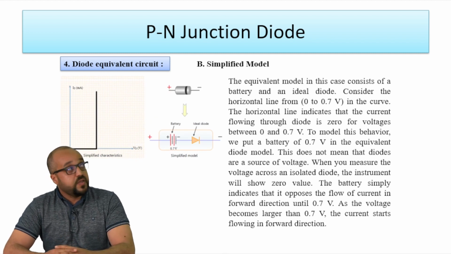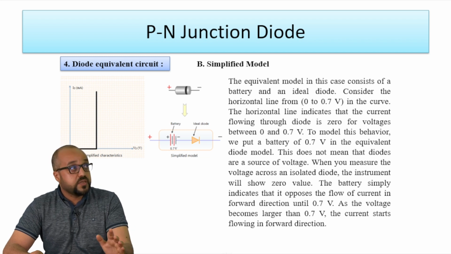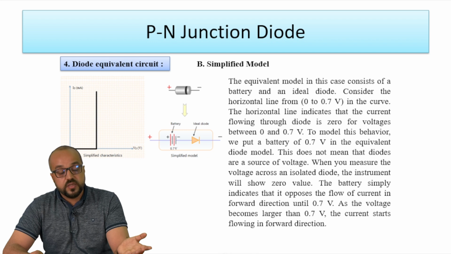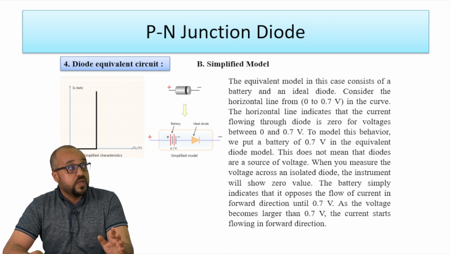Secondly, we have the simplified model of the diode. The equivalent model in this case consists of a battery and an ideal diode. The battery accounts for the horizontal line from 0 to 0.7 volt in the curve. The horizontal line indicates that the current flowing through the diode is 0 for voltages between 0 and 0.7 volt.